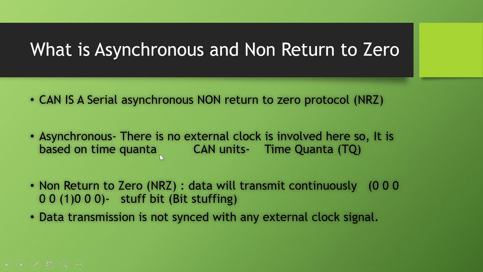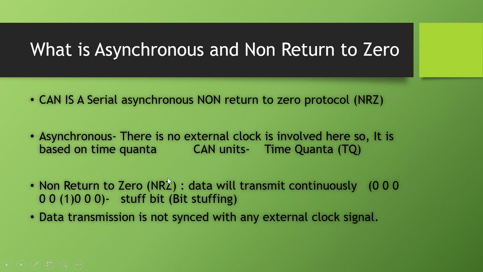For example, when we do some work, it is based upon time, right? But in CAN we do not measure time with an external clock signal. Asynchronous is based on time quanta.